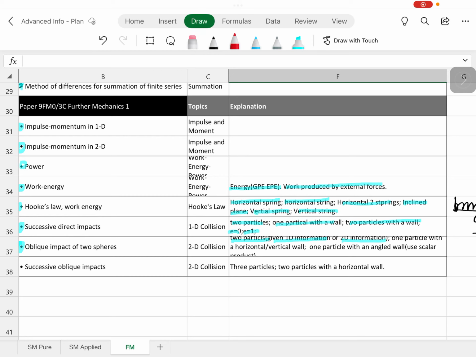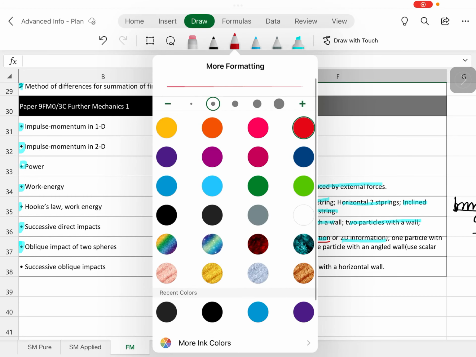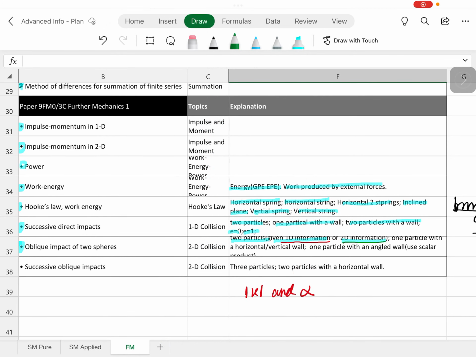So 1D information means I give you the speed and angle of approach. And for 2D information, I use black, that's a different color. For the 2D information, that means I give you a vector, so the speed of approach is given as a vector.